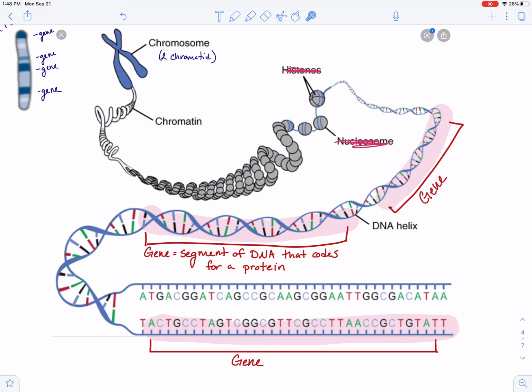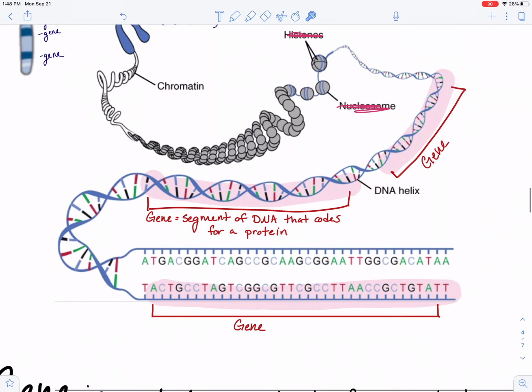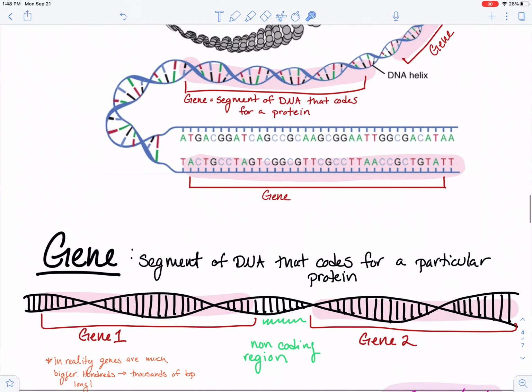But our DNA is very, very long. It's coiled up super tight into chromosomes. And not only is our DNA really long, but if you take particular segments of it, they might code for proteins, and those segments of DNA are called genes.